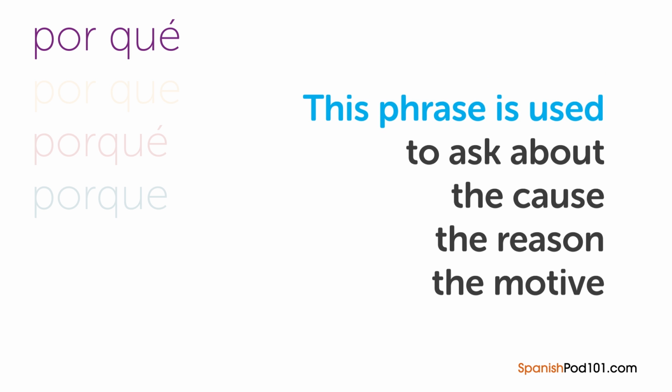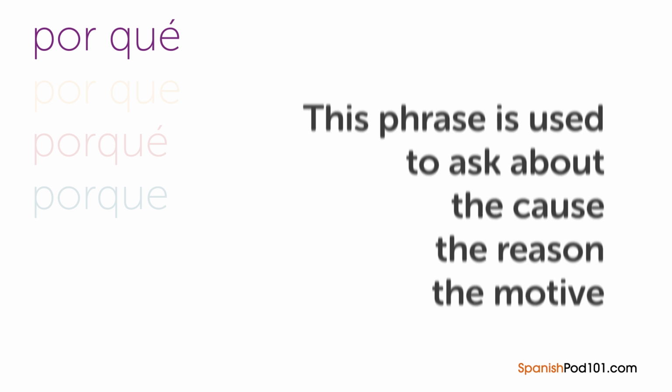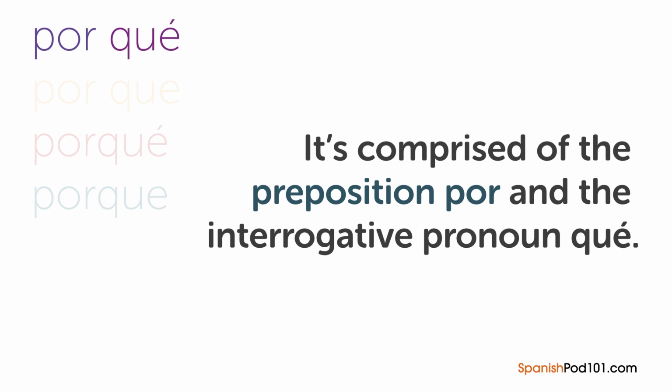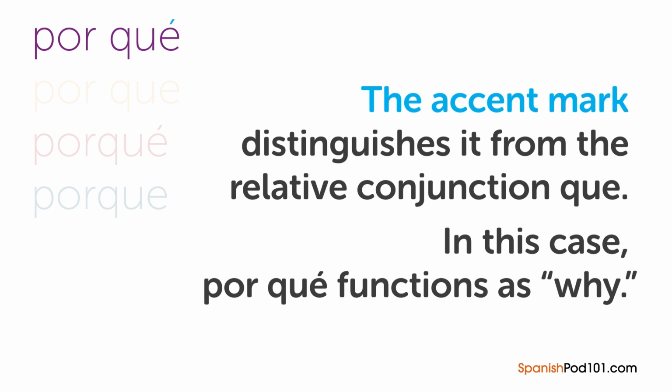Next, let's move on to ¿por qué? Separated with an accent over the E. This phrase is used to ask about the cause, the reason, or motive of something. It is comprised of the preposition por and the interrogative pronoun qué. The accent mark distinguishes it from the relative conjunction que.